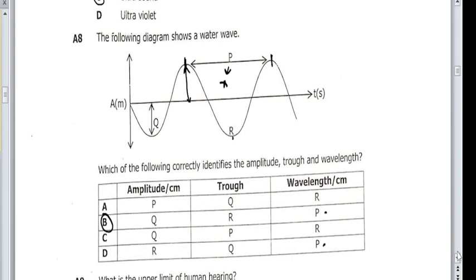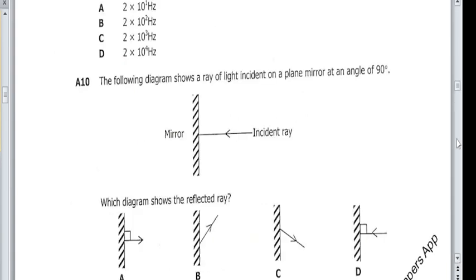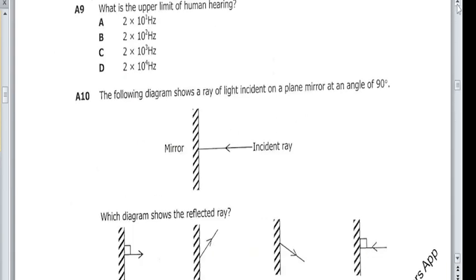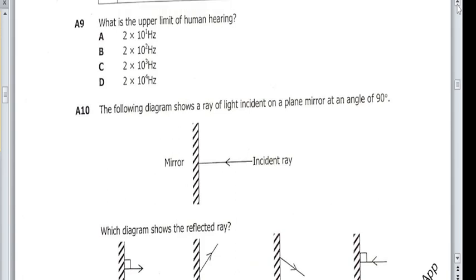We proceed to question 9. Let's look at question 9. Question 9 reads, what is the upper limit of human hearing? Here they are talking about sound in terms of frequency, the audible frequency that a human being can hear is between 20 Hz all the way to 20,000 Hz.